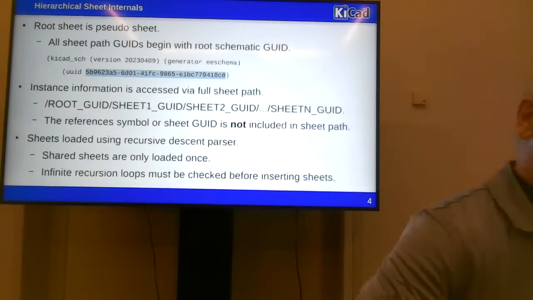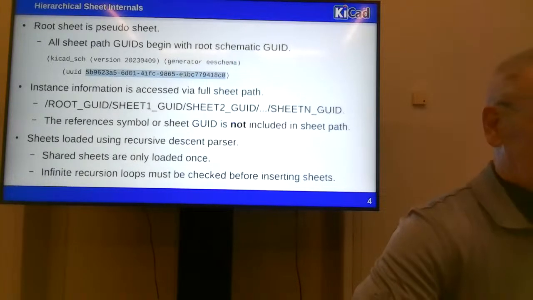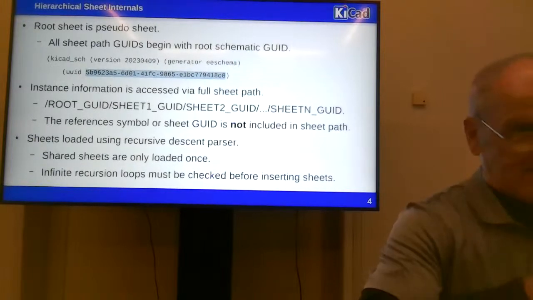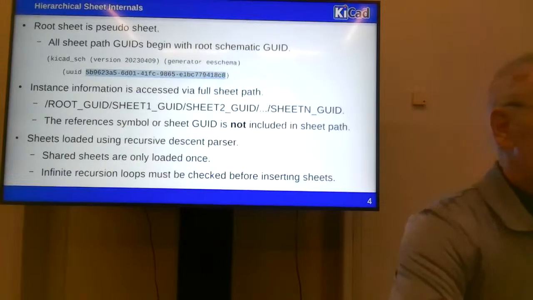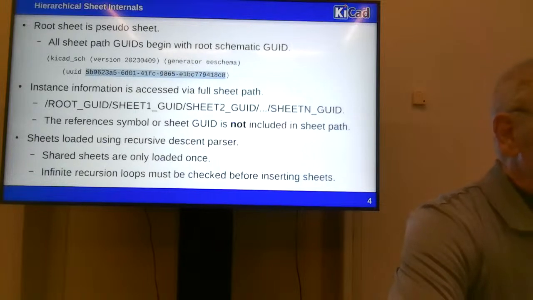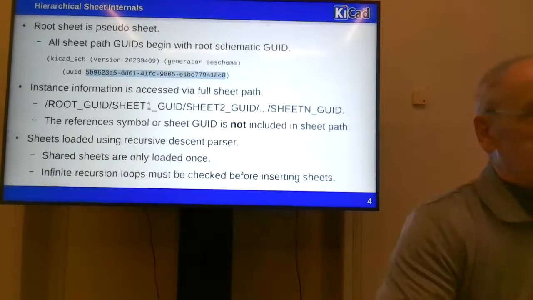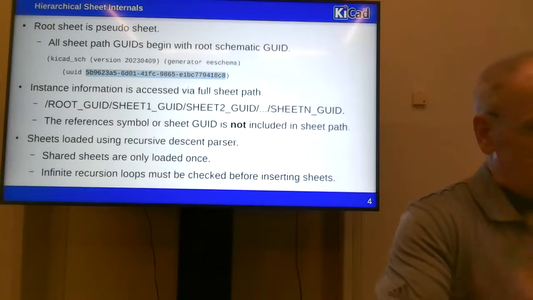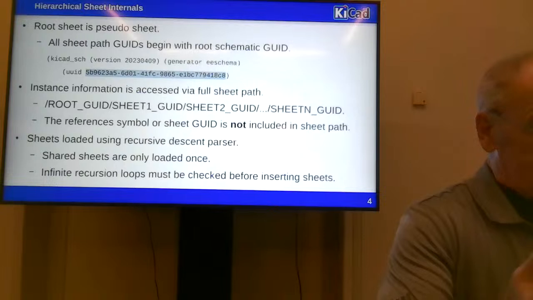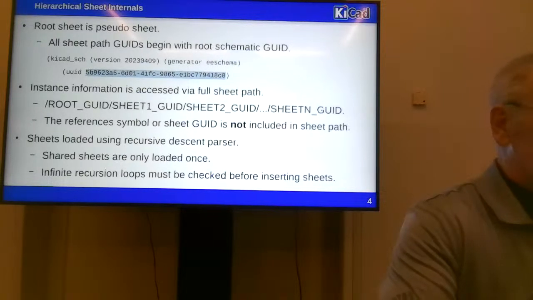So you'll have the root as the first one, sheet one is the next one, and then sheet two will be a subsheet of sheet one, and then all the way out to the very last sheet as far as you drill down until you get to the last sheet in a hierarchy, and that will be your full path. So the sheet paths will get you to the object you're looking for. In other words, the actual object's own UUID won't be appended on the end of that. It just gets you down to where in the sheet hierarchy that particular instance data exists.